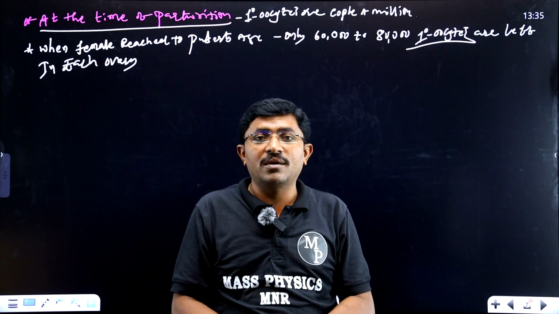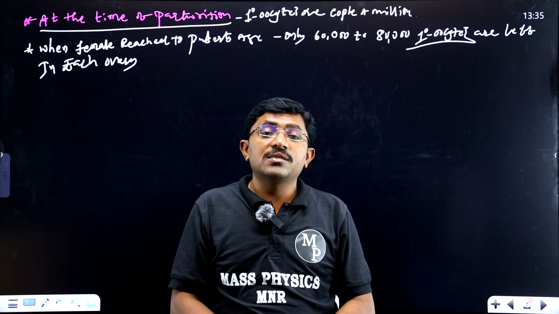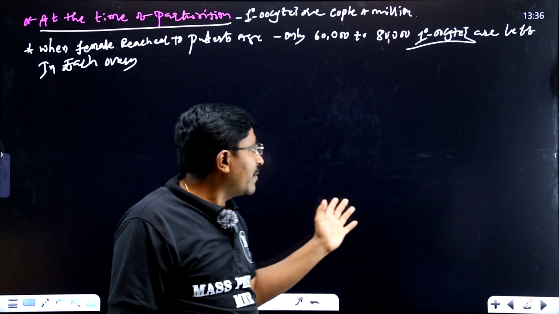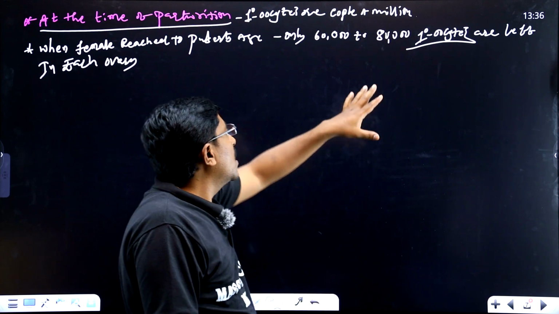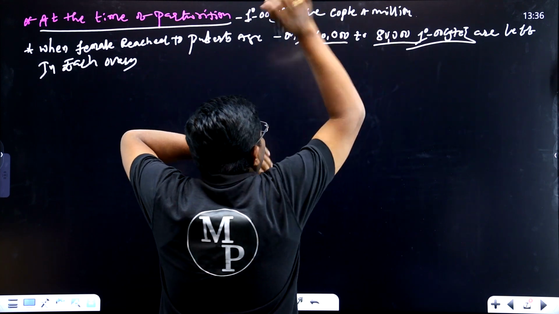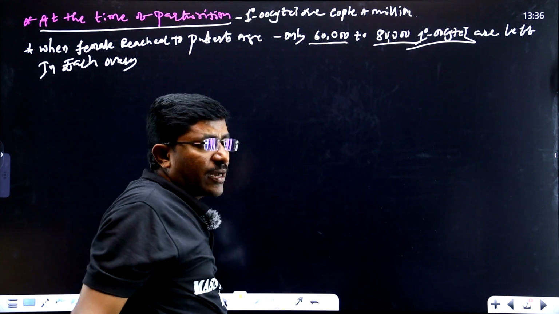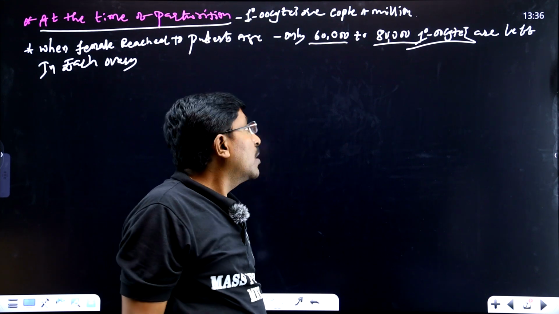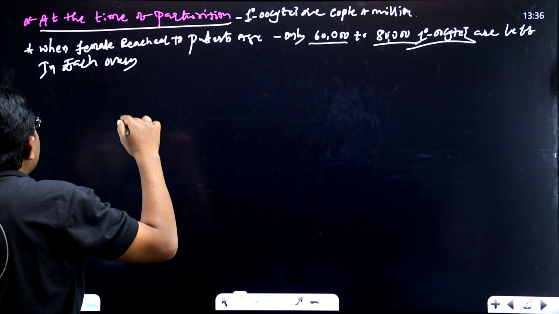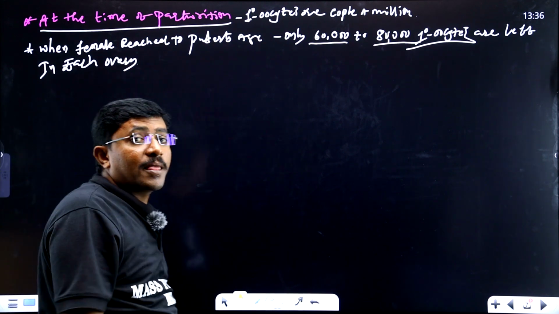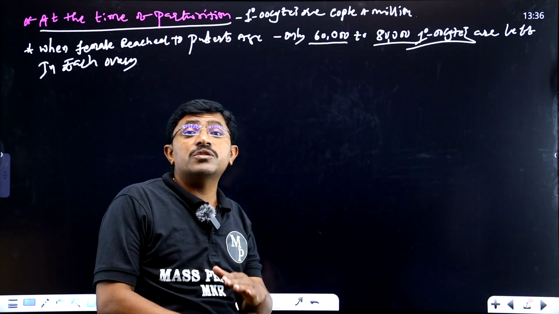That is the major reason for cessation of the menstrual cycle. I'll explain the menstrual cycle after this. In each ovary, 60 to 80,000 primary oocytes are left at the puberty age, and the degeneration of primary oocytes takes place.